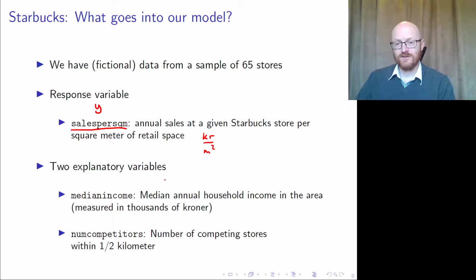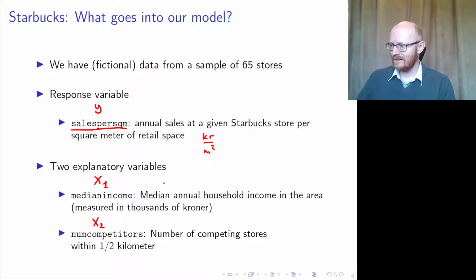And you have two explanatory variables, median income, that would be x1, and number of competitors, the second explanatory variable. The median income is the median annual household income in the area measured in thousands of kroners. And the number of competitors is the number of competing stores within half a kilometer, because you tend to not walk more than half a kilometer to get a coffee, right?